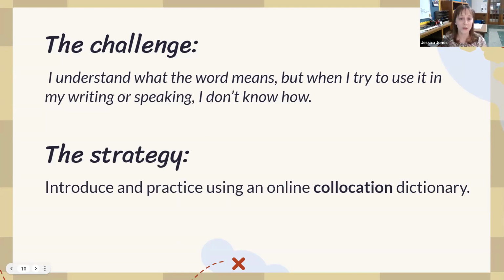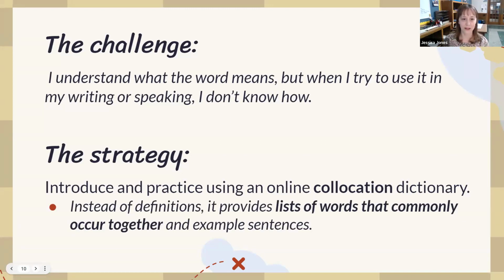So the strategy that we started using on a regular basis was introducing an online collocation dictionary, which up until a few years ago was not a thing that I even knew existed. A collocation dictionary does not give us definitions.